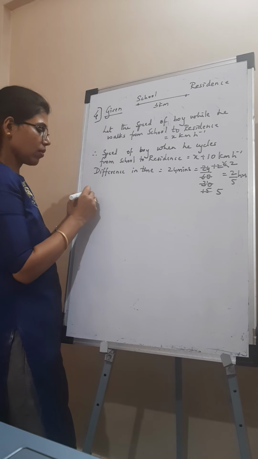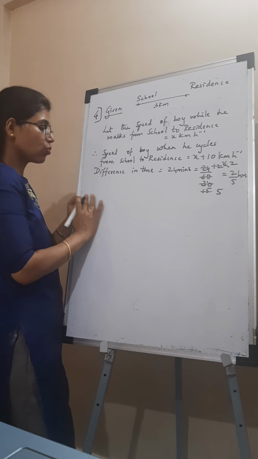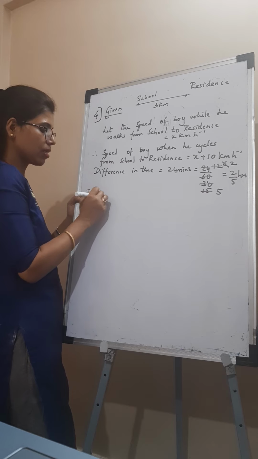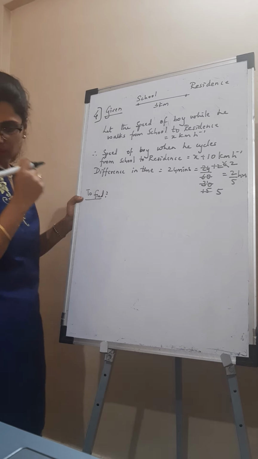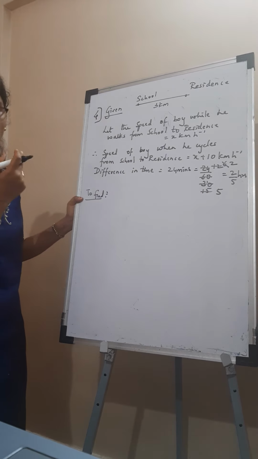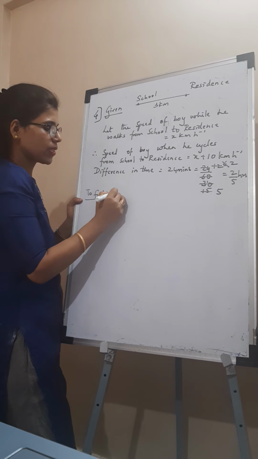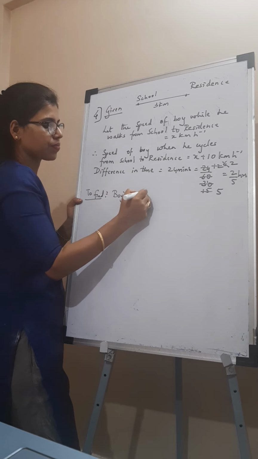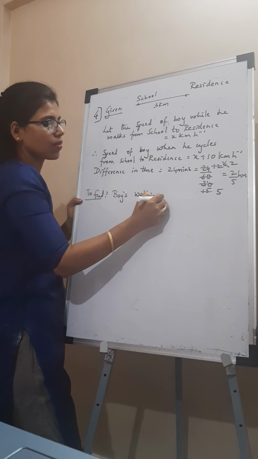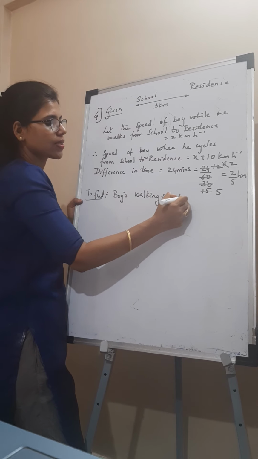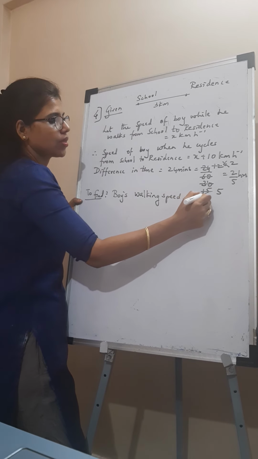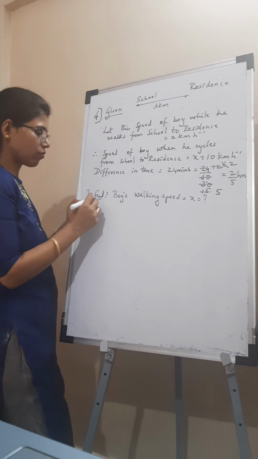Now what we have to find is the walking speed. So the boy's walking speed is equal to x, equal to how much? This is what we have to calculate.